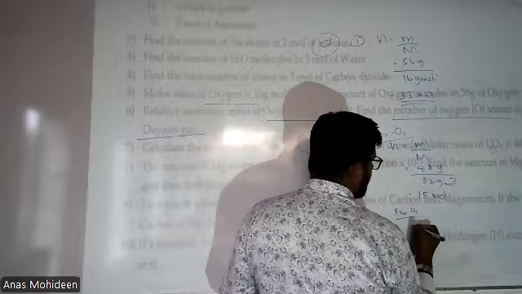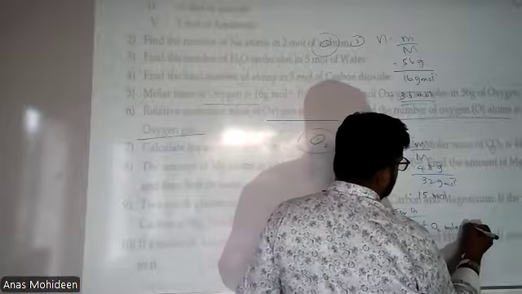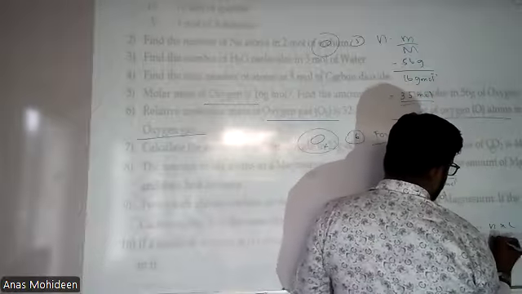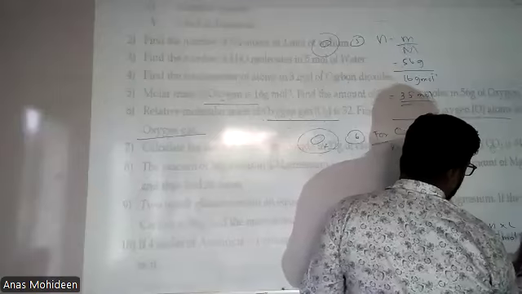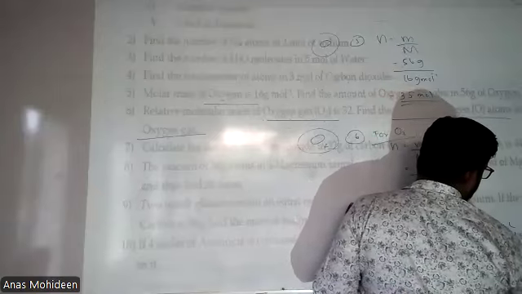Now, for O2, the number of O2 molecules equals moles times Avogadro. How many moles are there? 1.5 moles. Avogadro is 6.022 times 10 to the power 23 per mole.